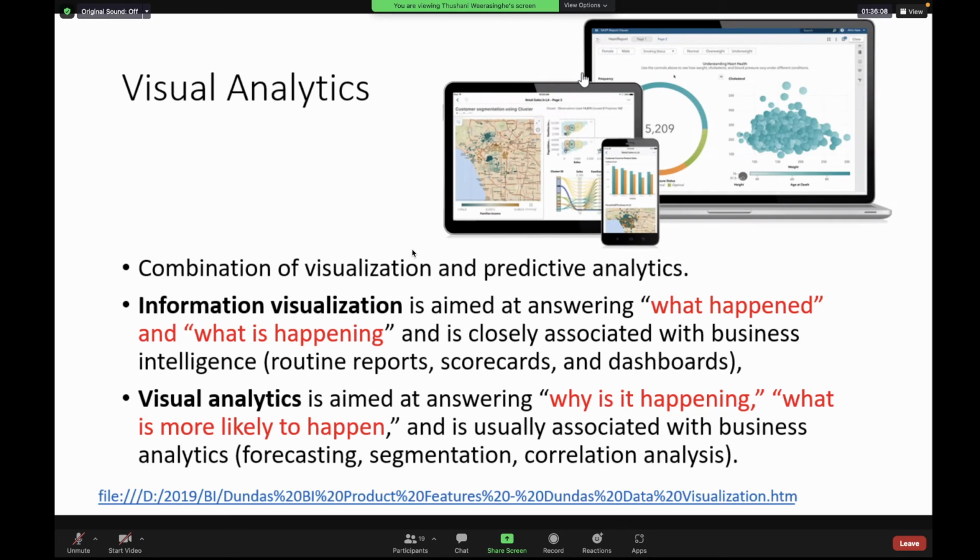But if you want to get further information about why it has happened in that way, and what is going to happen next, then you have to further analyze and make predictions, and do some more analysis on finding details about it: segmenting, analyzing, doing correlation analysis to see the relationship between those parameters, and what the reason for it is.